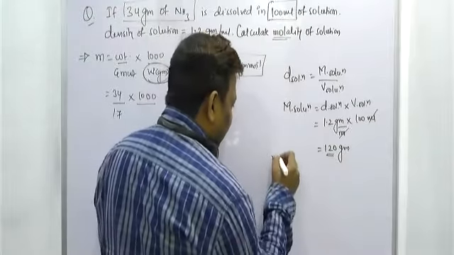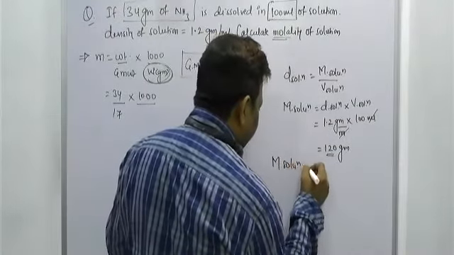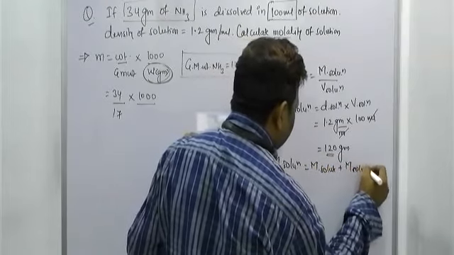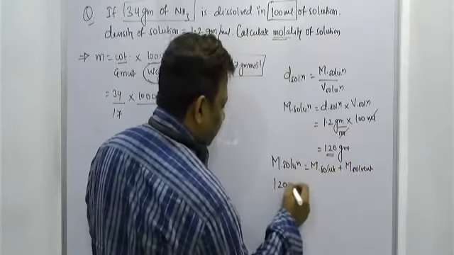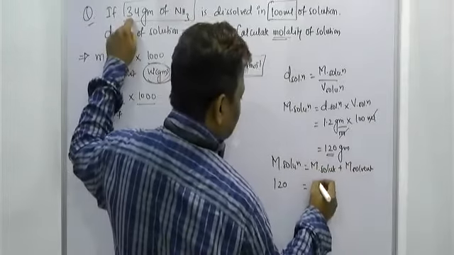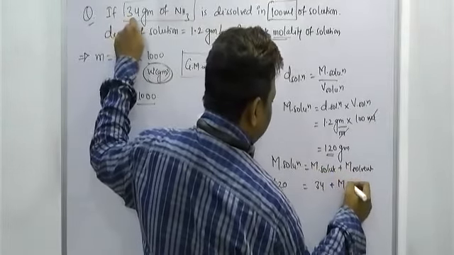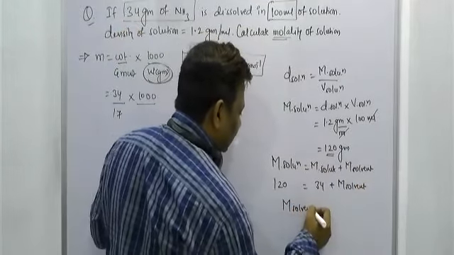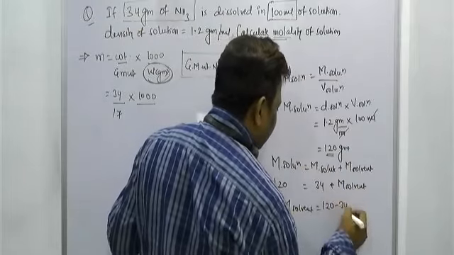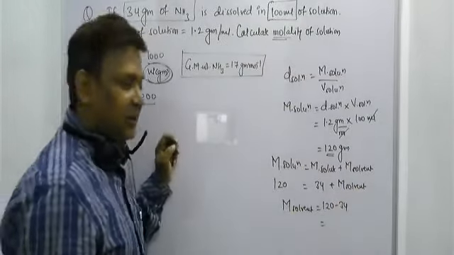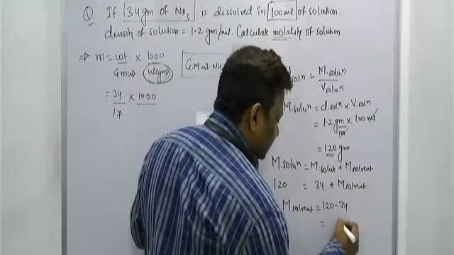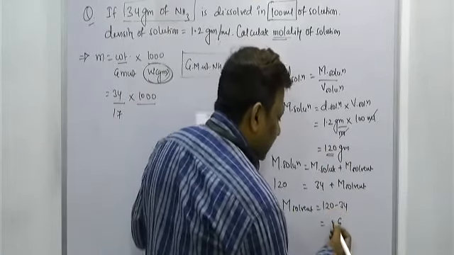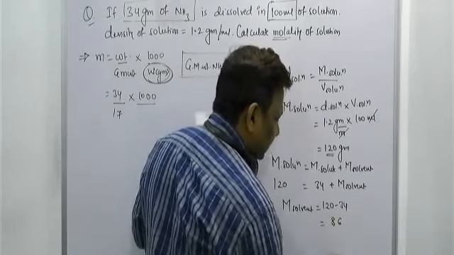Now we know, sir, mass of solution must be equal to mass of solute plus mass of solvent. Beta, mass of solution is 120 gram, mass of solute is 34 gram plus mass of solvent. Then mass of solvent is equal to 120 gram minus 34, which is 86 gram.